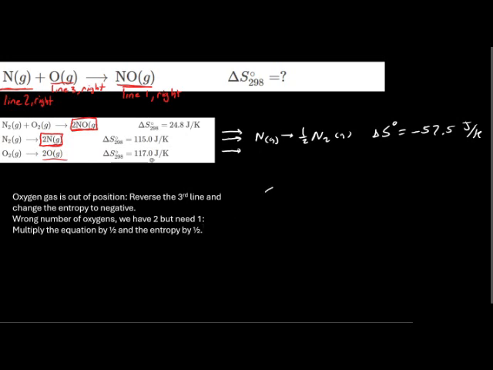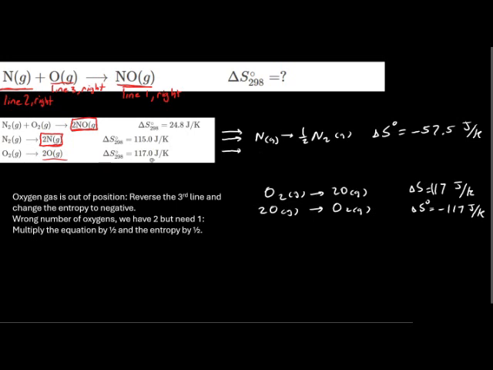We'll begin with our old line 3, which is O2 gas, yields 2O gas, with an entropy of 117 joules per Kelvin. We have to now reverse the third line to fix the positional problem. So we'll have 2O gas yields O2 gas. And our delta S will change to negative 117 rather than positive 117.